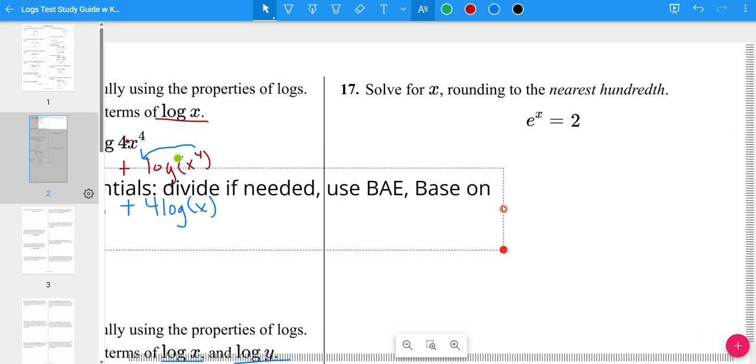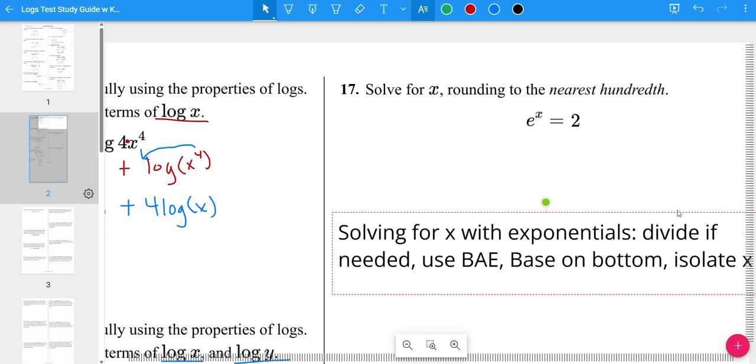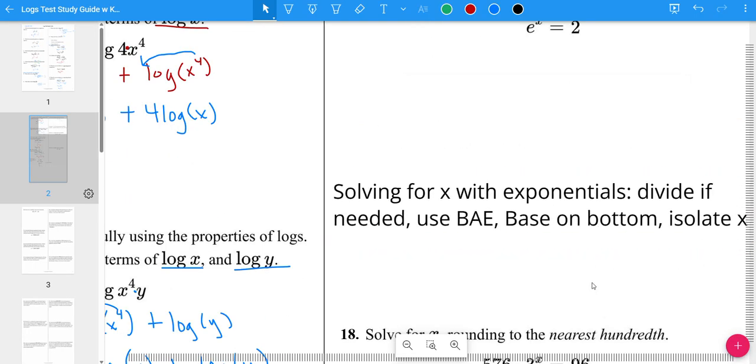Here, I'll just let you write it if you need to, okay? So if you're solving for x with exponentials, this is all the steps that you would do. You divide if you need to get it into the exponential form. Use BAE to switch it to log form. Then to be able to type it in on our calculators, we need to write with base on bottom and then isolate x if it isn't already. Get x by itself.